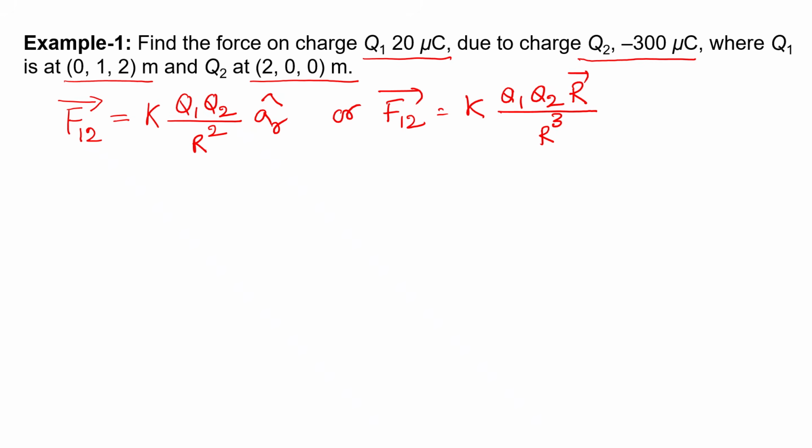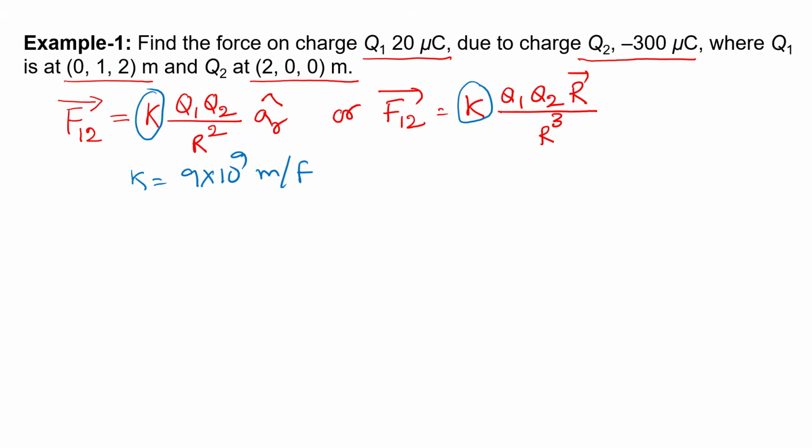And one point that I want to suggest here is that if you observe, I have not written 1 by 4 pi epsilon naught, rather I have used the constant k. The reason being that we know the fixed value of k as 9 into 10 to the power 9 meter per farad.